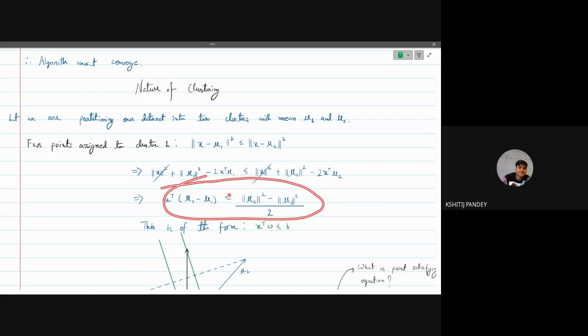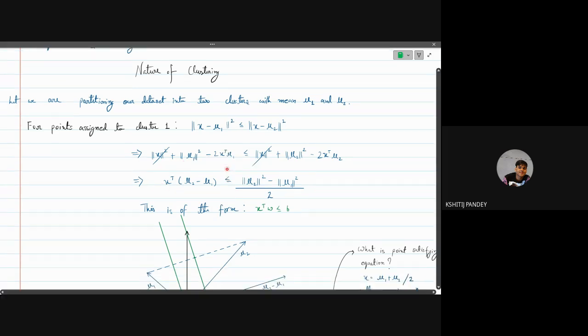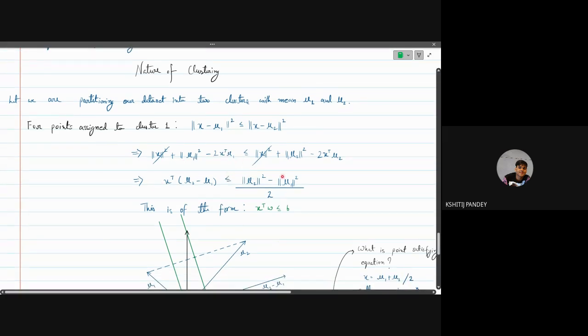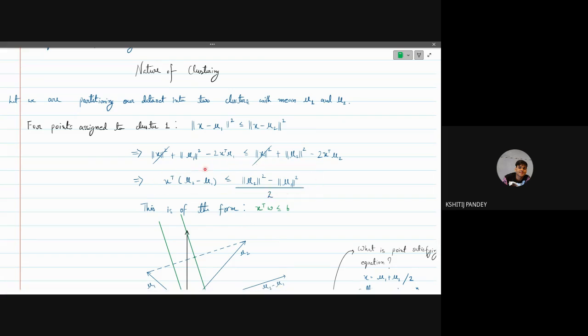Now let's plot the line. First of all, let's replace the inequality with equality and plot this line. Before that, we can conclude one thing: this inequality is of the form x transpose w less than or equal to b. Correct? This is of linear form.